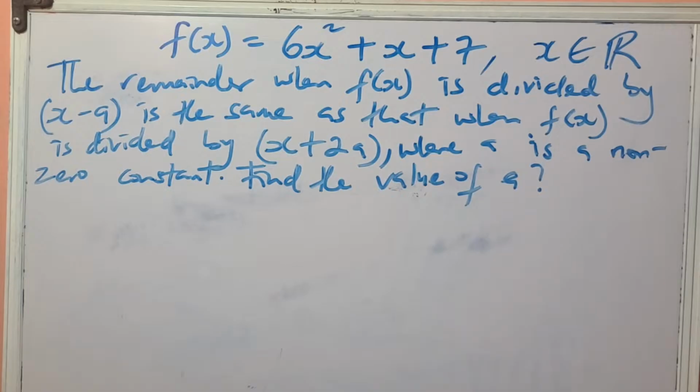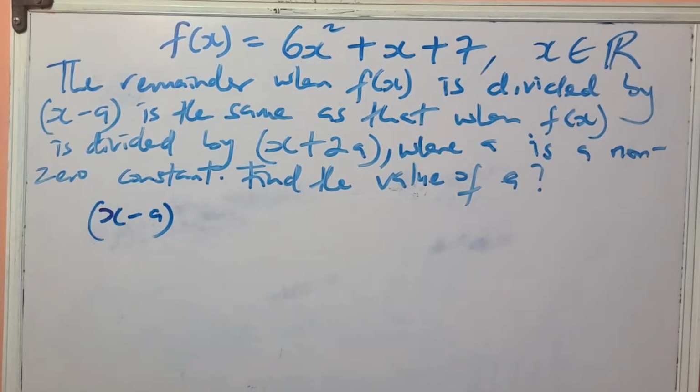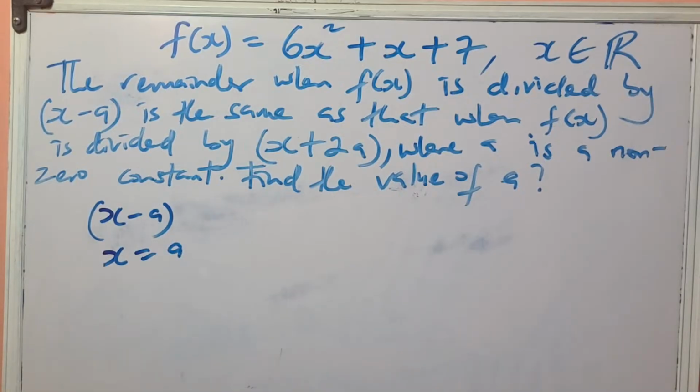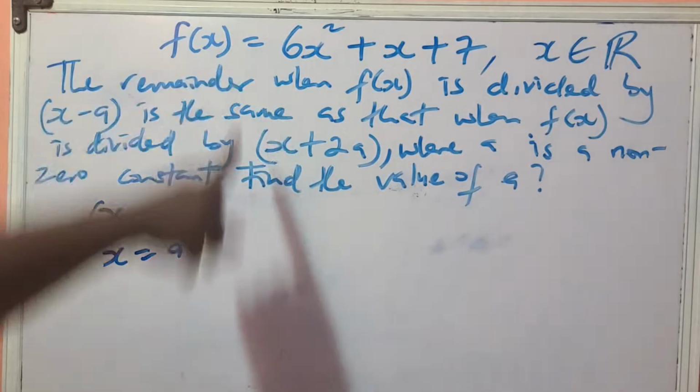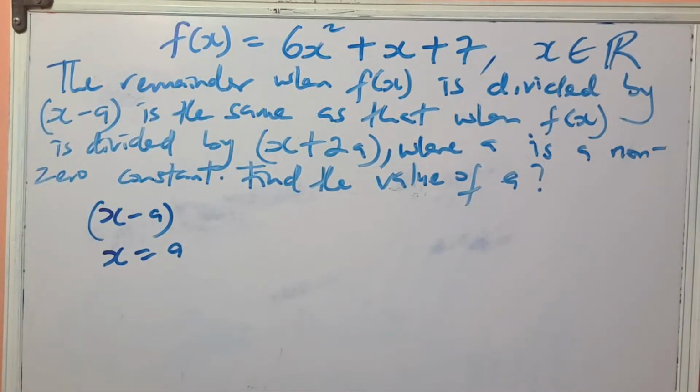What we said was, if something like x minus a was used to divide a polynomial, according to the remainder theorem, if you fix in x equals a into the polynomial, what you get is the remainder.